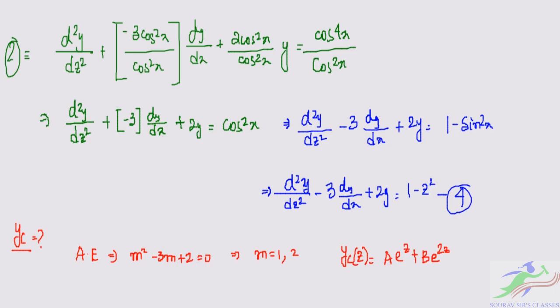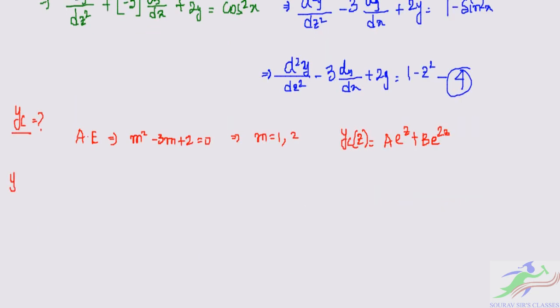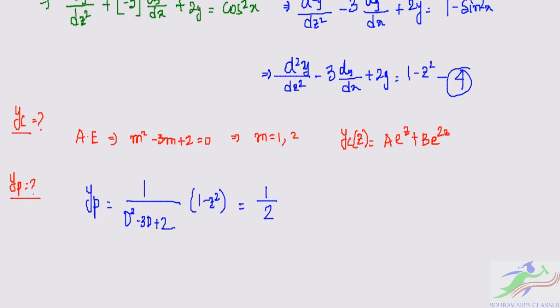And to find the particular integral, that is yp. What is yp? So yp is equal to 1 by d square minus 3d plus 2 of 1 minus z square. Here you can do one thing: it is half of 1 plus d square minus 3d by 2, inverse.